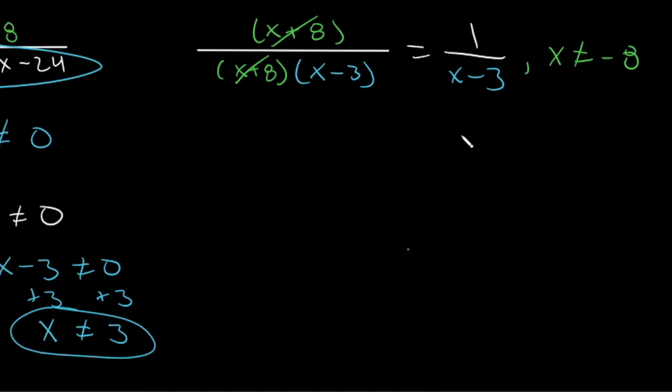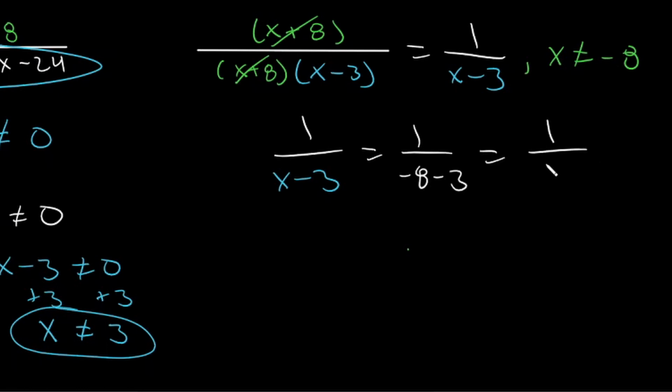Now, if you were just given 1 over x minus 3 without the original function we were given, then yes, this could be equal to negative 8. If you plugged in negative 8 for x here, you would get 1 over negative 8 minus 3, which is going to be equal to 1 over negative 11. And that would be defined at that value.